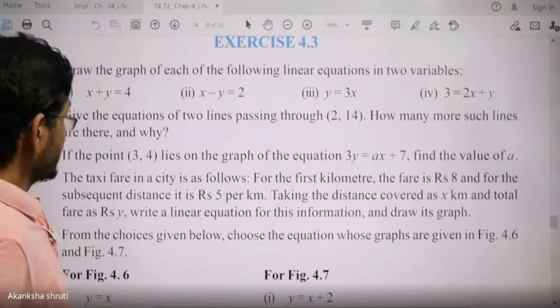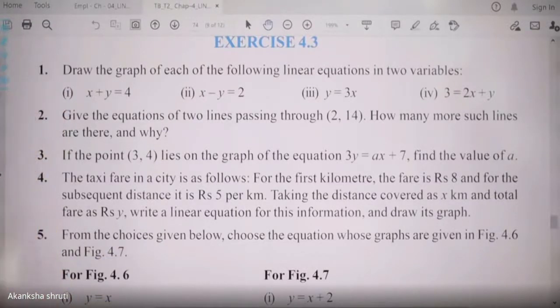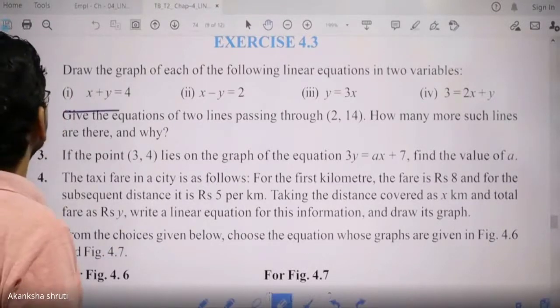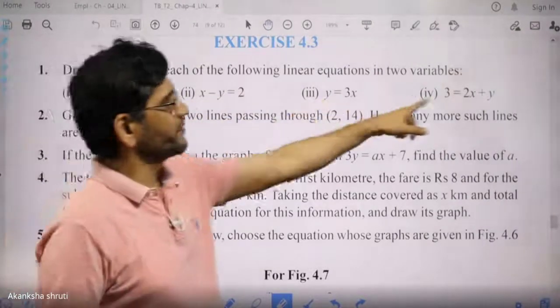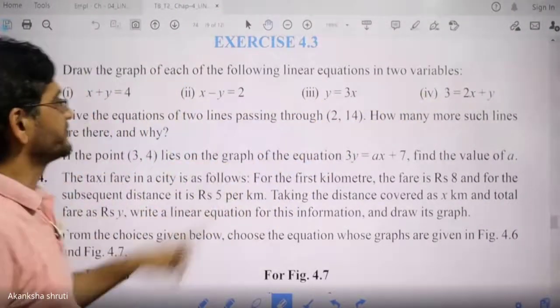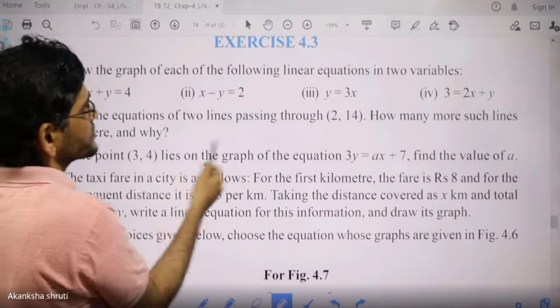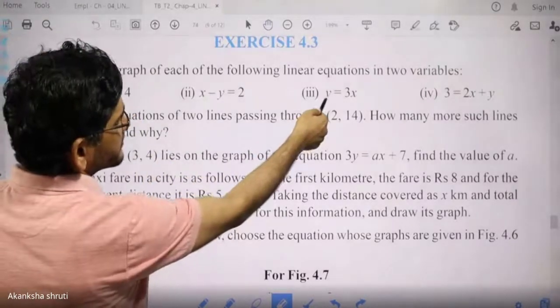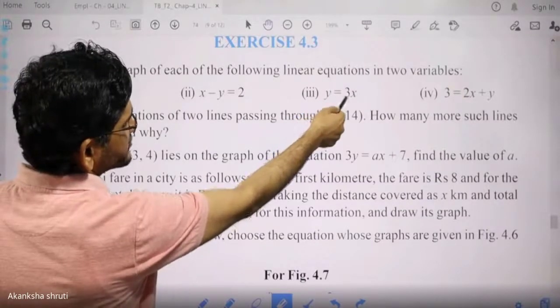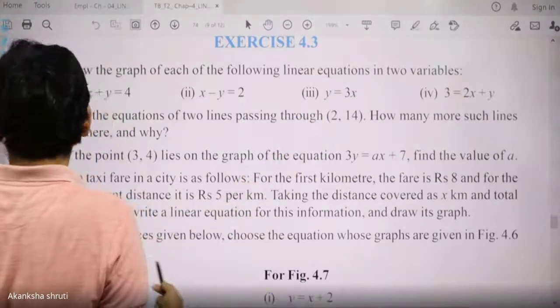Students, exercise 4.3: draw the graph of each of the following. Taking x and y, you can get the graph. Students, we can draw the graph of this one also: y equals 3x. How is this?